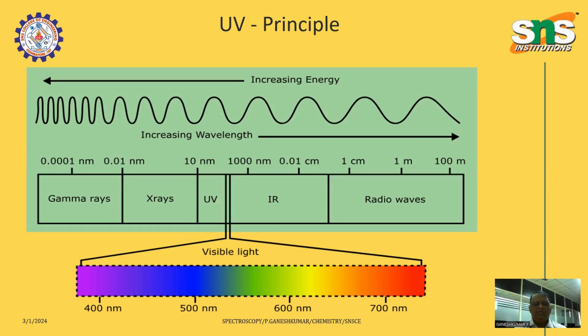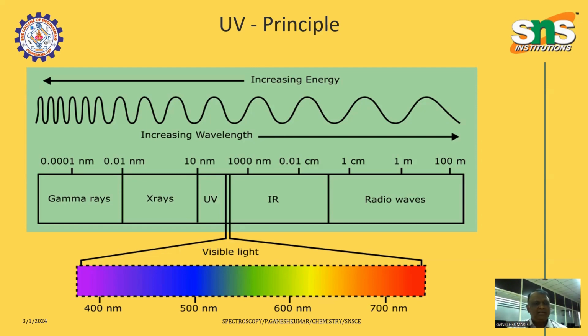Here we are discussing ultraviolet and visible wavelength radiation. The ultraviolet is from 200 to 400 nanometers and the visible region extends up to 800. So nearly from 200 to 800, this region is considered the ultraviolet-visible region.